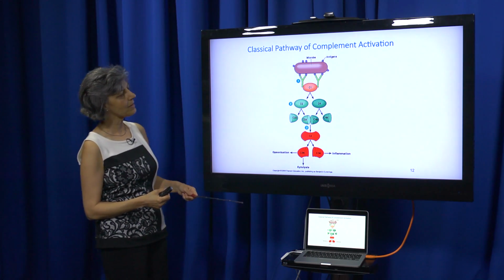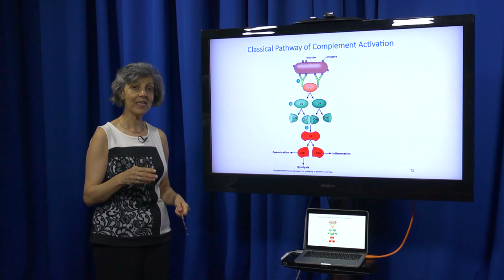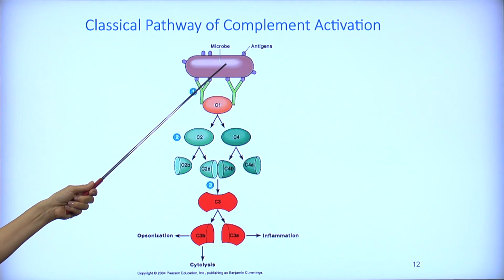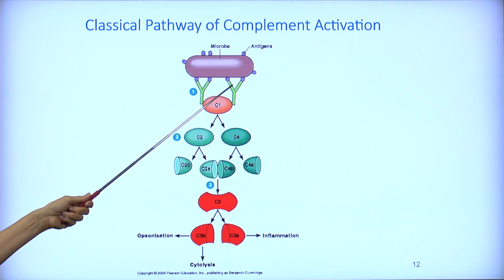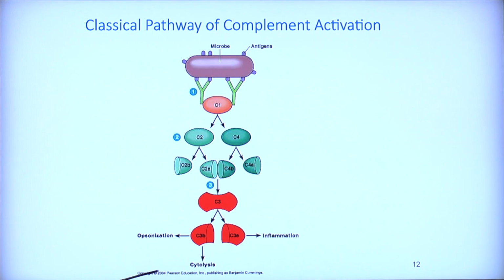We give the complements the letter C. There are many of them. We're going to look at the classical pathway. So this is the antigen-antibody complex. When there is an antigen and two antibodies attached to it, complement will recognize this is where I need to stop, be activated, and help destroy this antigen.